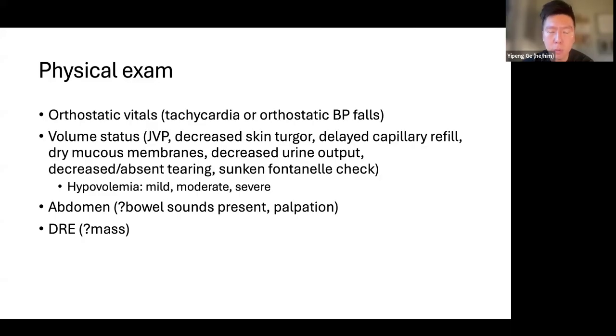But then, of course, you're doing your normal vitals, including the temperature and the respiratory rate, and the SpO2, the oxygen saturation. These are really important. But more specifically related to diarrhea, when we're thinking about volume status, is getting orthostatic vitals done.